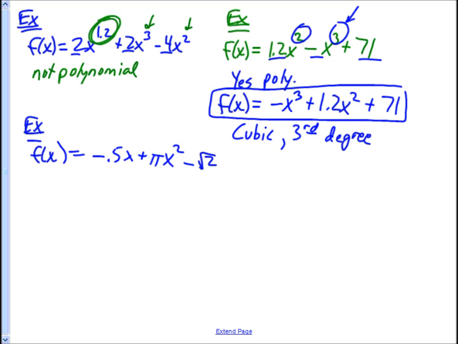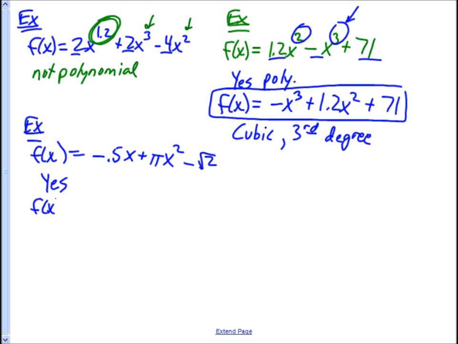Are all the coefficients here real numbers? Yes, they are. In other words, no imaginaries or any of that. All the degrees, whole numbers? Yes, they are. X to the 1, x squared, right? So even though it looks kind of funny, yes, it is.